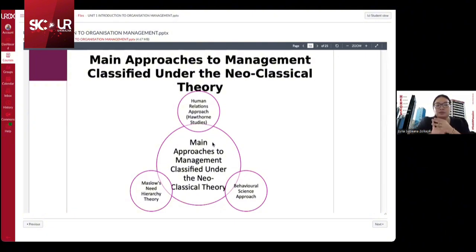What they wanted to find out is about productivity. In this experiment, they used observation as the research method, as the methodology of this experiment.